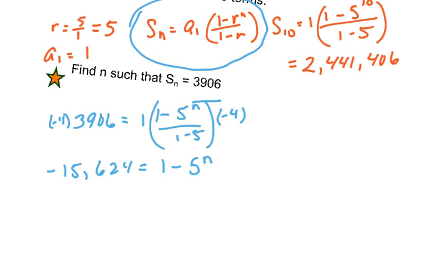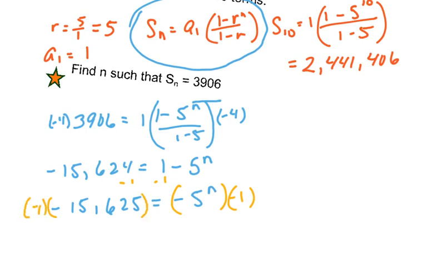So let's subtract 1 from both sides. That gives us negative 15,625 is equal to negative 5 to the n. Well, we can just multiply both sides by a negative 1 to clear those negatives.